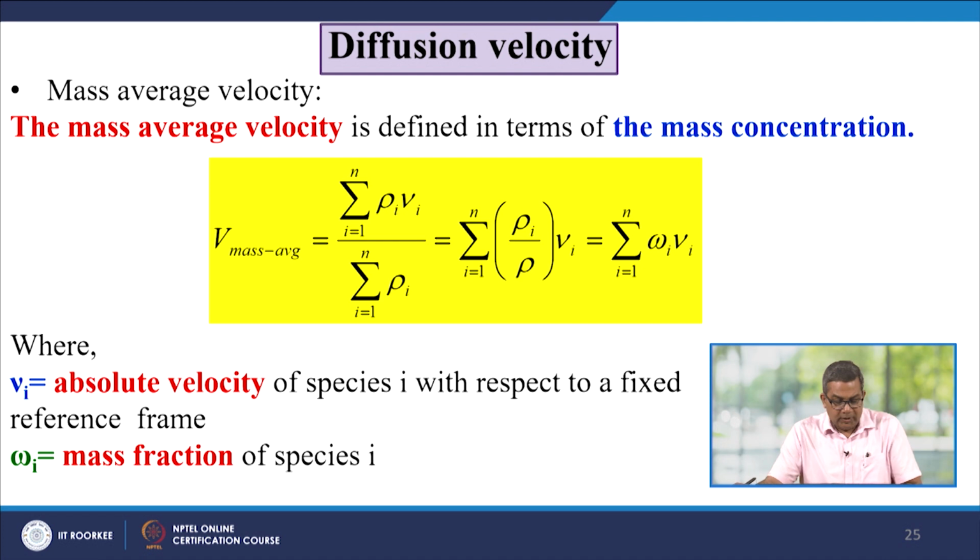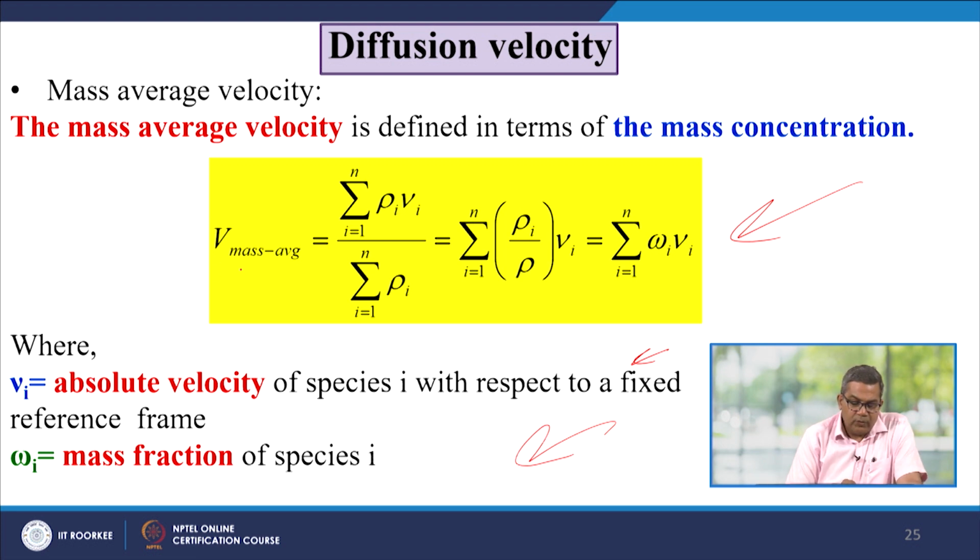Now, let us talk about diffusion and velocity. The mass average velocity is defined in terms of the mass concentration, which can be represented by this particular mathematical relationship, where Vi is the absolute velocity of species i with respect to a fixed reference frame, and omega i is the mass fraction of species i.